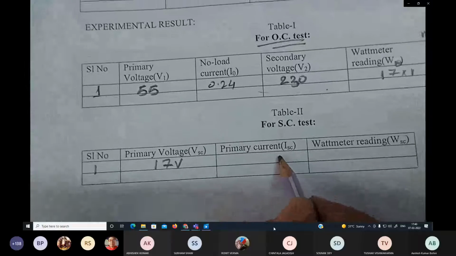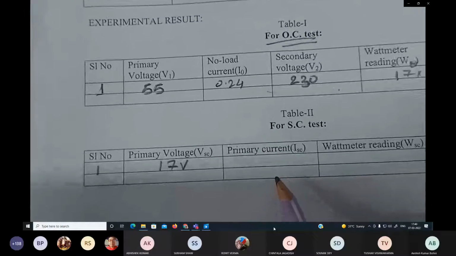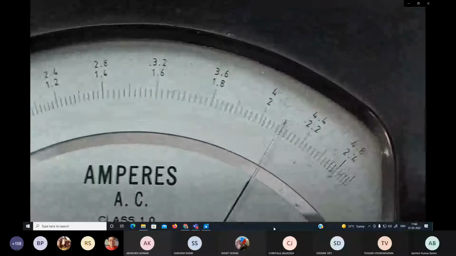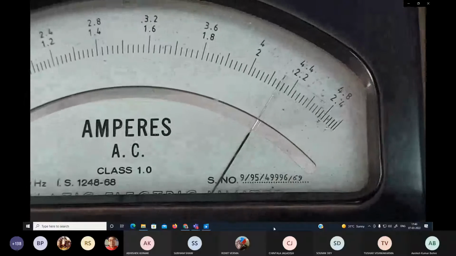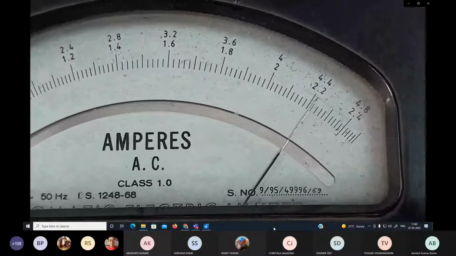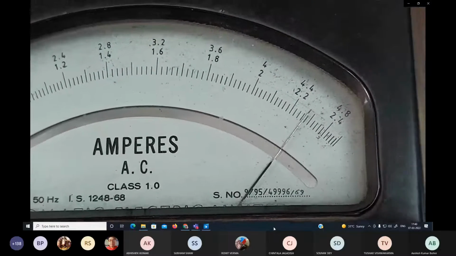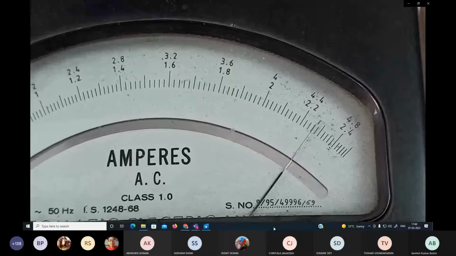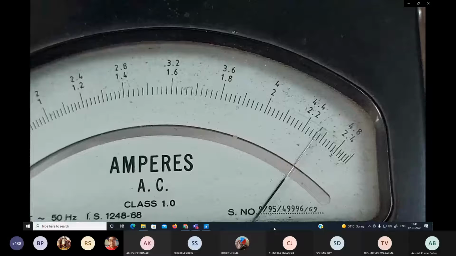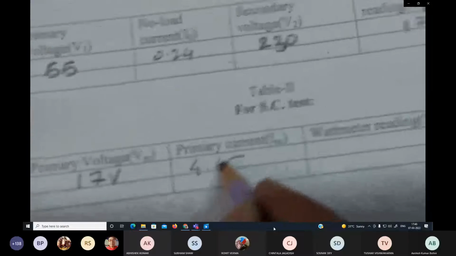The primary current, that is ISC or I short circuit, is found from this ammeter, which is connected to the 5 ampere range, so we will take the upper scale. It is 4.4, then 4.5, about 4.45. It is approximately 4.5, but we will write 4.45.